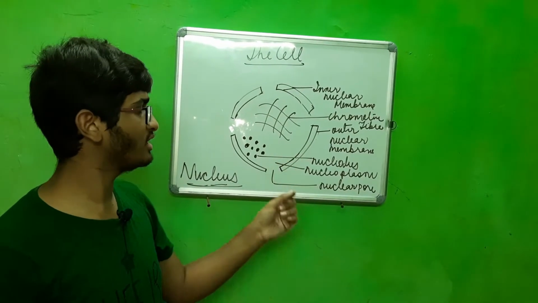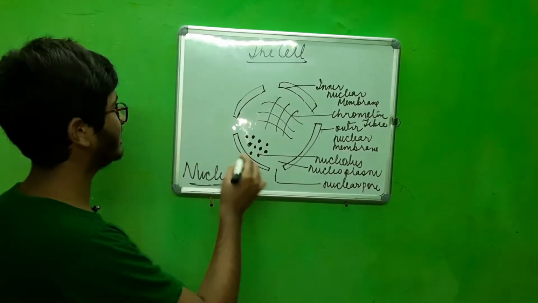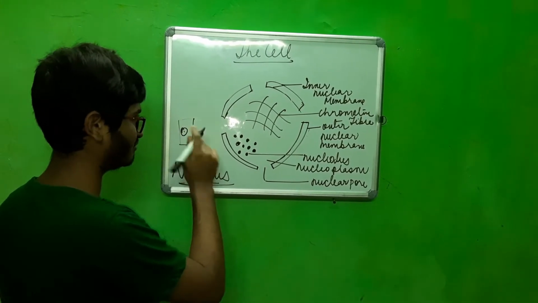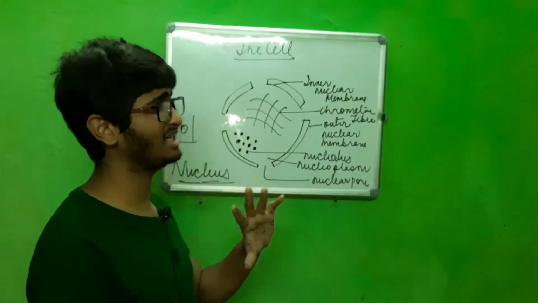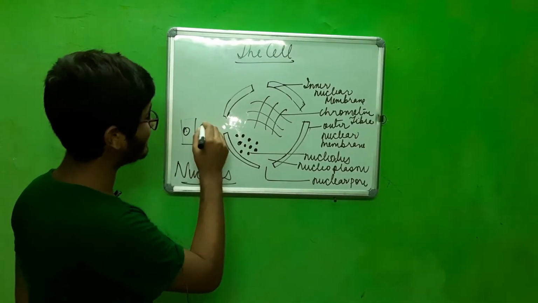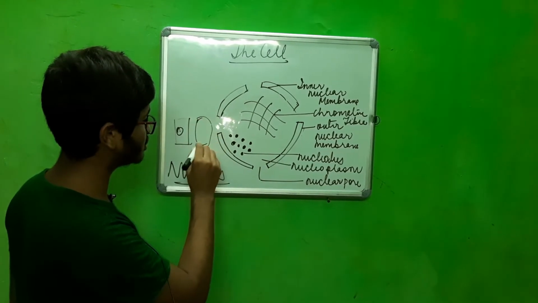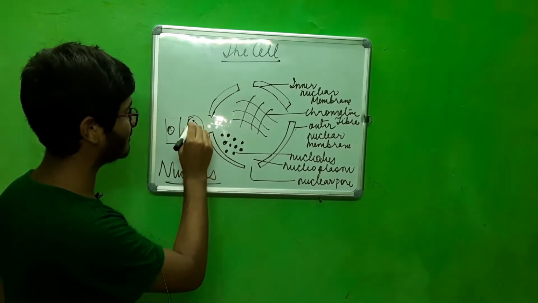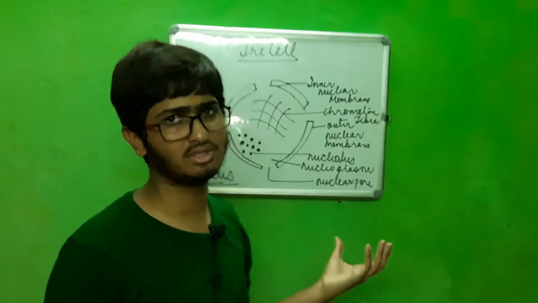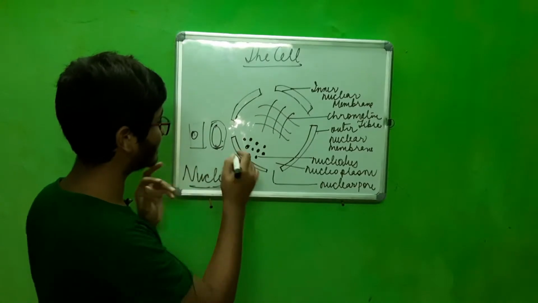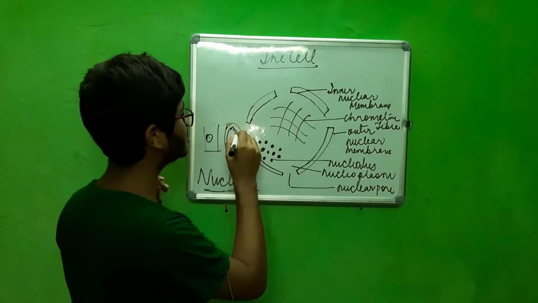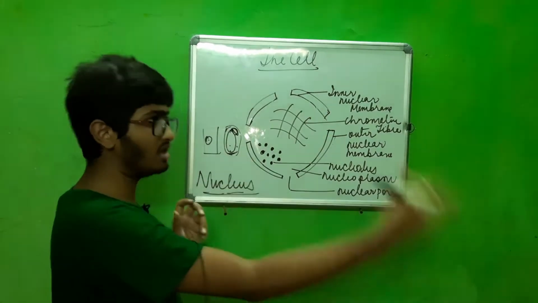Okay. Now we will move on to the location. Now see, in an animal cell, the nucleus is always located at the center. Basically at the center. And in case of a plant cell, it is pushed. When we move ahead, we will study about vacuoles and all the other things. We will study that the nucleus, because of the large size of the vacuole, is pushed towards the corner of the plant cell.